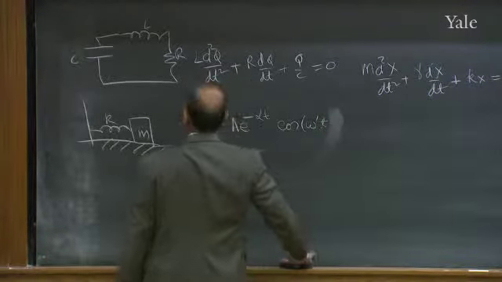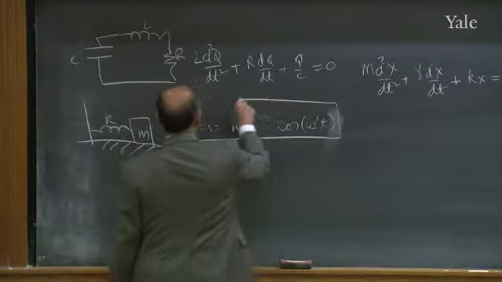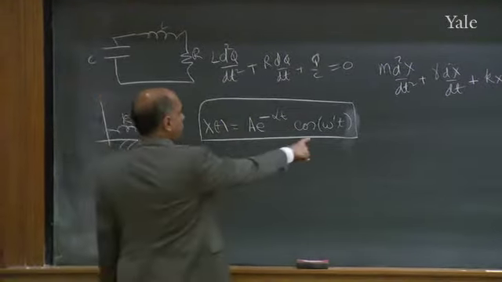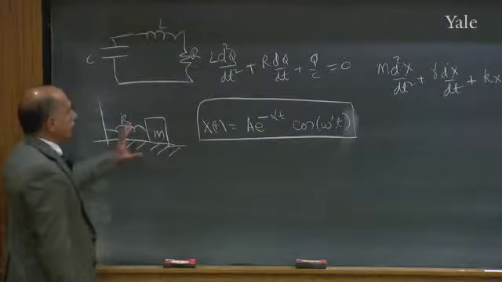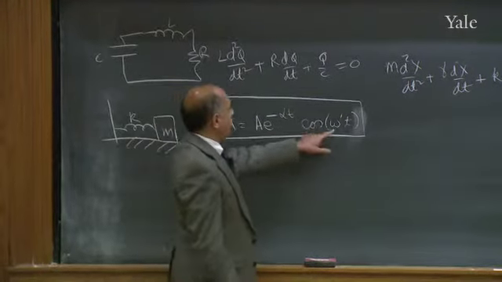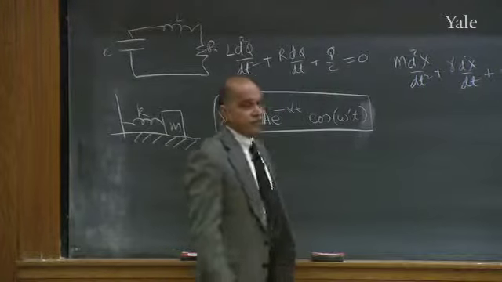You can always add a phase phi, but I will choose my origin of time so that I don't have that. This is what the answer is going to look like, where omega prime and alpha are going to be controlled by L, R, and C.